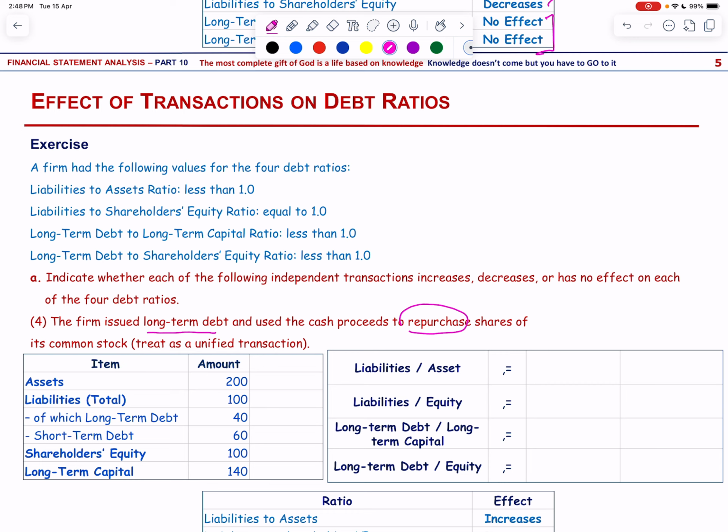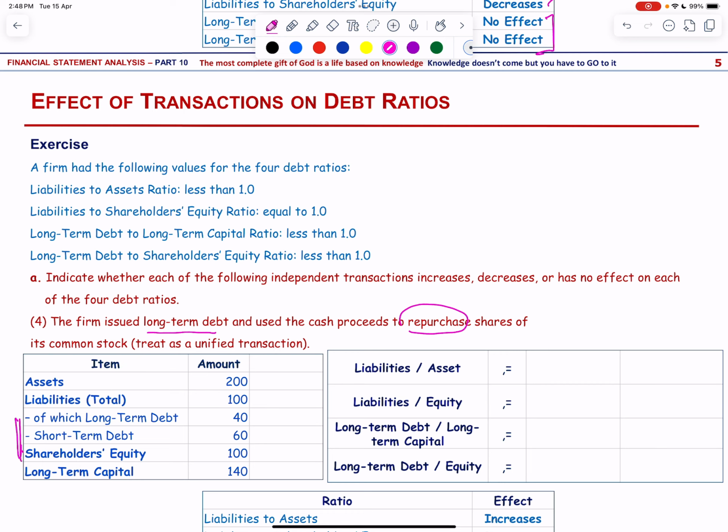So now once again, this transaction is going to definitely increase the long-term debt, and it will decrease the shareholders equity. There will be no change in total assets since cash in is equal to cash out. So it restructures the capital by replacing the equity with the debt.